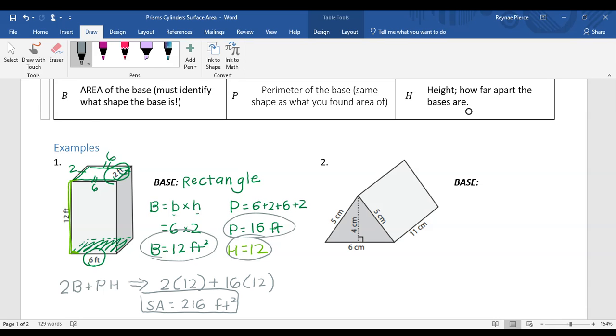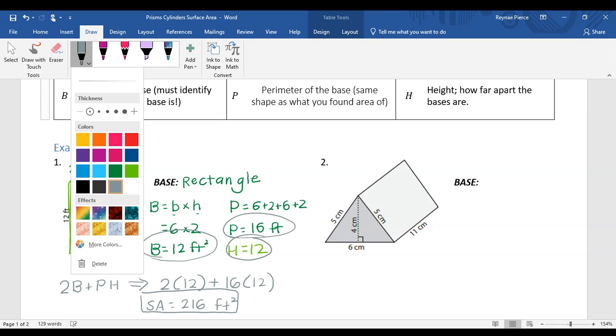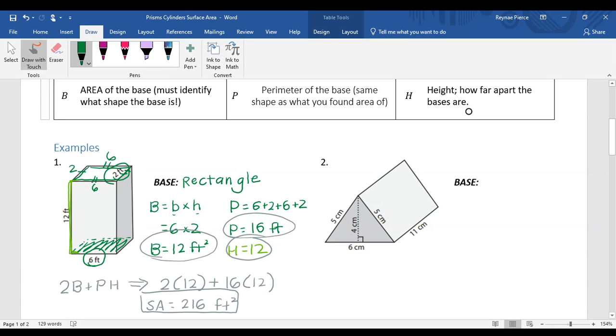Okay. Number 2, we have a triangular base, okay, even though the triangle is not on the top or the bottom, okay, the front and the back face are the exact same. Identifying that base first tells us that to find the area of the base, we need to do 1/2 times base times height, okay?